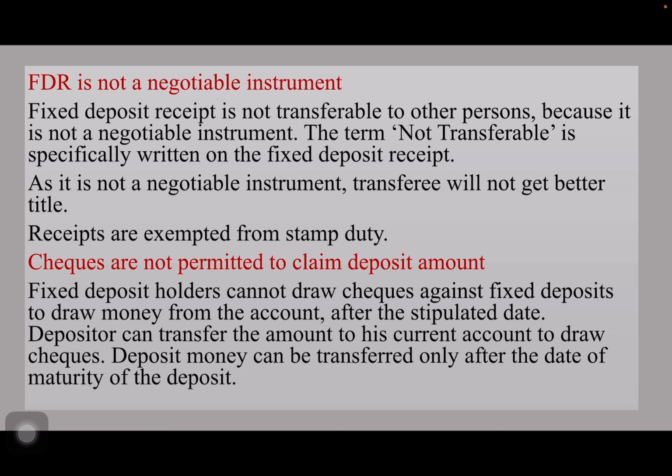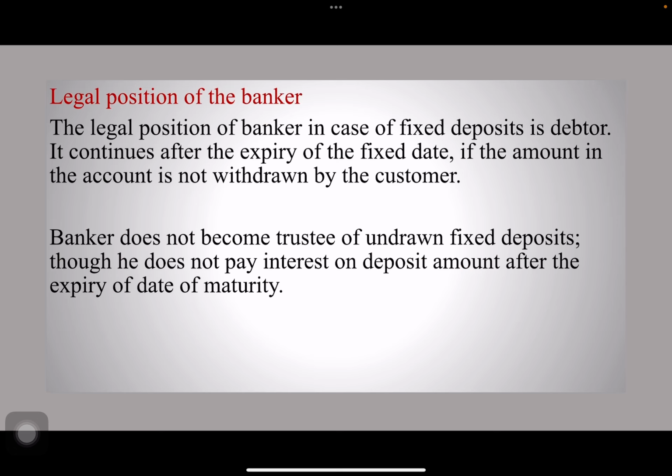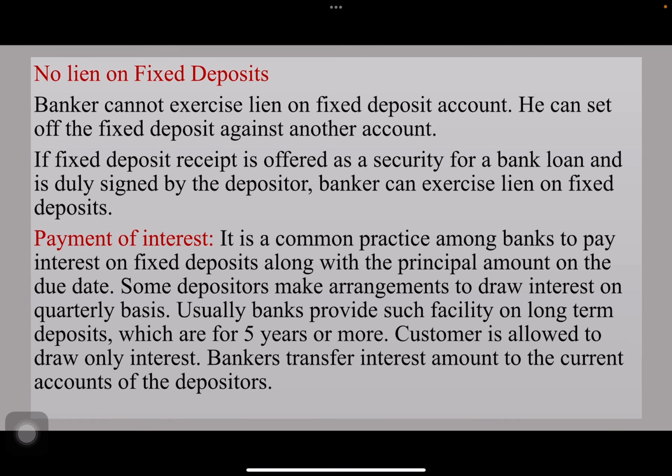Deposit money can be transferred only after the date of maturity of the deposit. The legal position of the banker in this regard is that of a debtor. It continues after the expiry of the fixed date if the amount in the account is not withdrawn by the customer. The banker does not become a trustee of undrawn fixed deposits, though he does not pay interest on the deposit amount after the expiry of the deposit account.